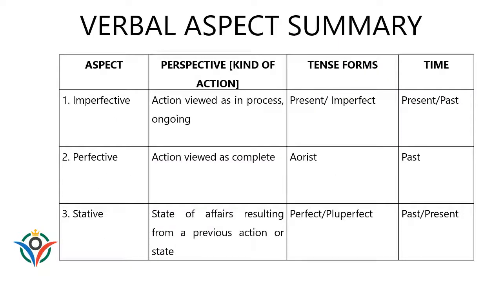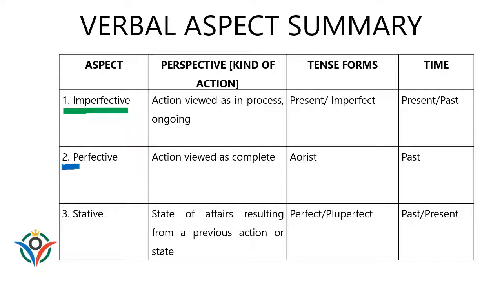Here is a summary of verbal aspect. So the imperfective verbal aspect can be defined as an action that is viewed as in process or ongoing, and that's related to the present and imperfect tense forms, which is related to the present or past time.